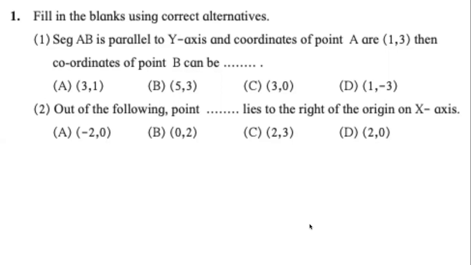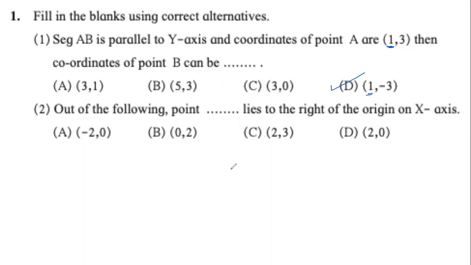So all we have to find is, out of the 4 options given, which of those points has the same x coordinate as the given point. The coordinates of the given point are 1, 3. We just have to find which of these 4 options has the same x coordinate, that is 1.